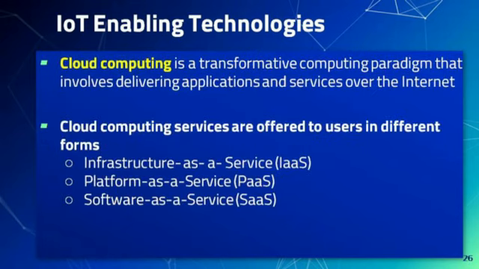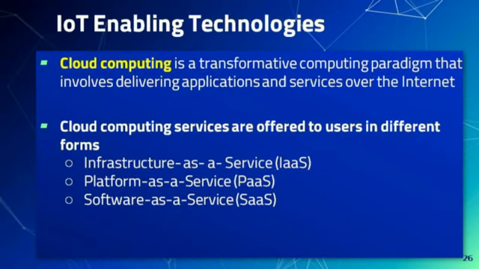Next is cloud computing. Cloud computing is a transformative computing paradigm that involves delivering applications and services over the internet. Cloud computing is mainly in charge of three services: one is infrastructure, another is platform, another is software.